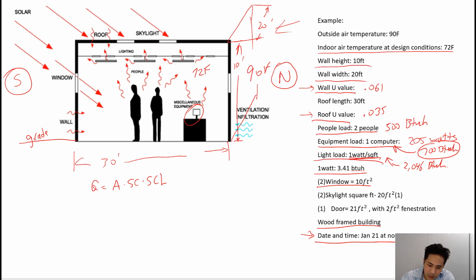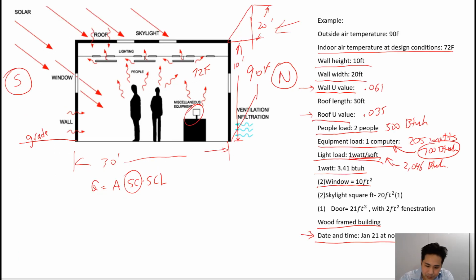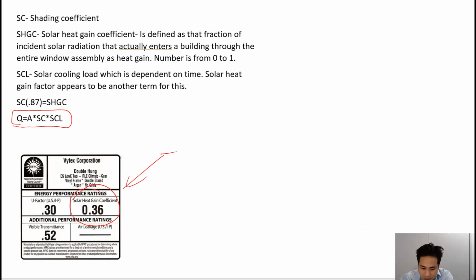So first we need to get the SC value. For the SC value, we're going to use this information here. The solar heat gain coefficient is 0.36, and we need to do the conversion to get the SC value right here. 0.87 times SC is the solar heat gain coefficient.